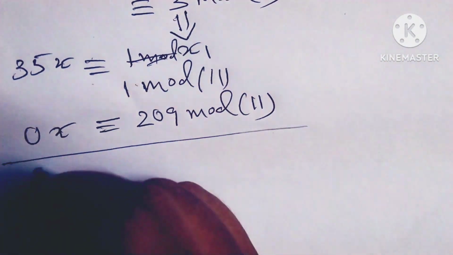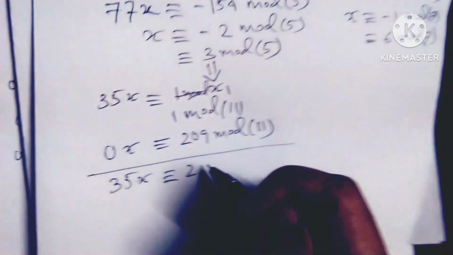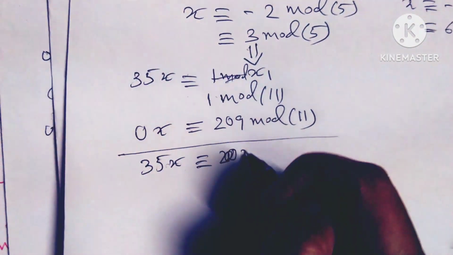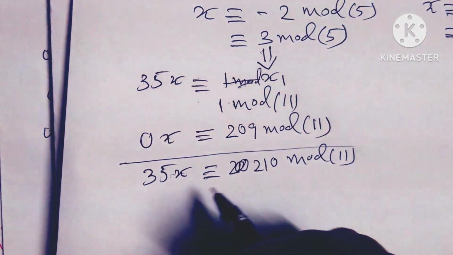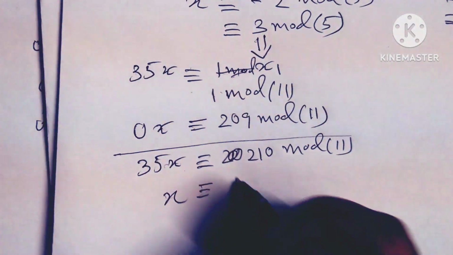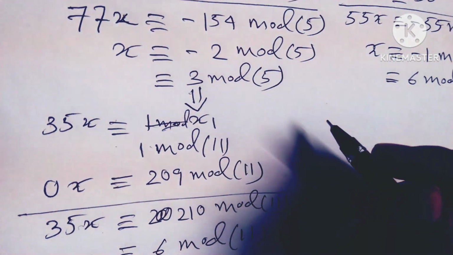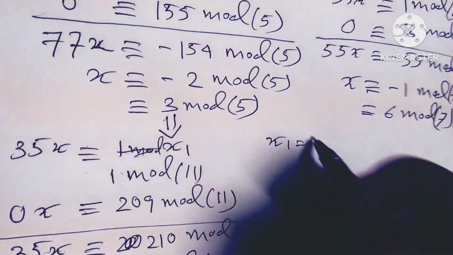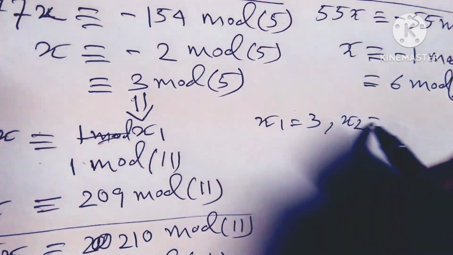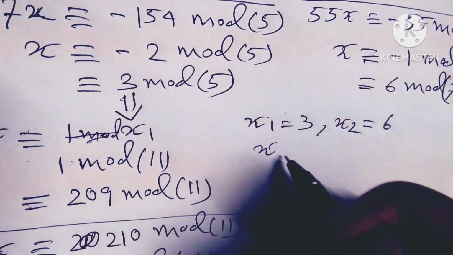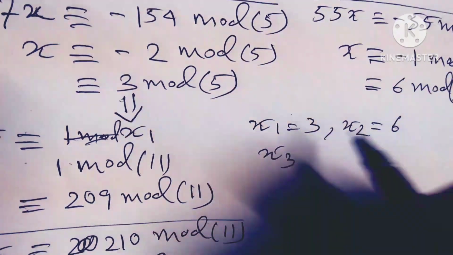After that I get 35x is congruent to 210 mod 11, and I get x is equal to 6. So I get x1 equals 3, x2 equals 6, and x3 equals 6.